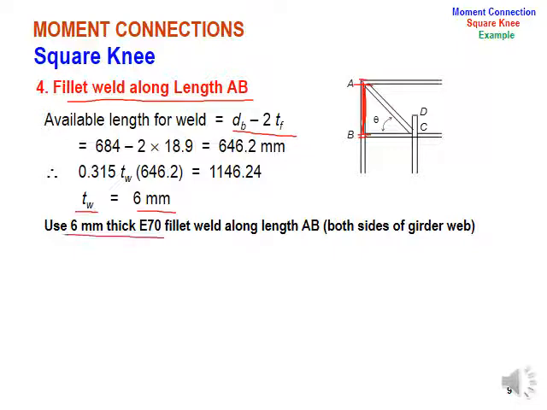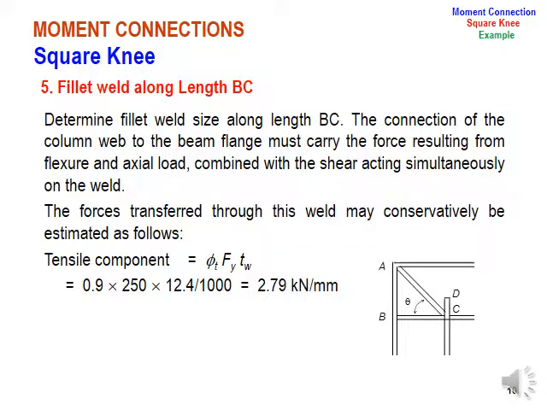So 6 millimeter thick E70 weld along the length AB, on both sides you are providing. This is the flange force that you have calculated, equating it with the weld efficiency, and then you will get the 6 millimeter unknown out of it. Similarly, the fillet weld along the length BC, you can see by yourself.